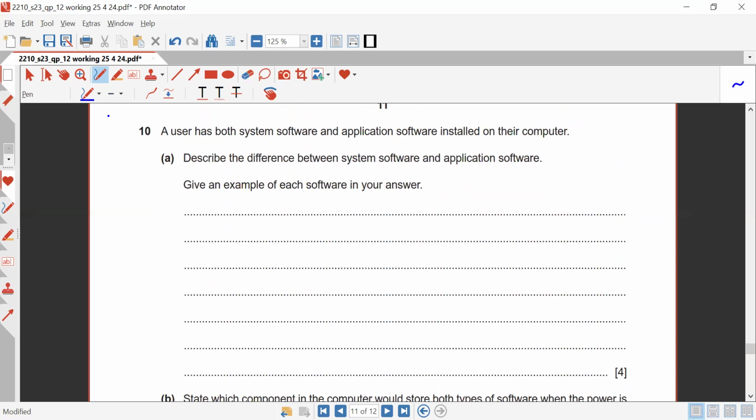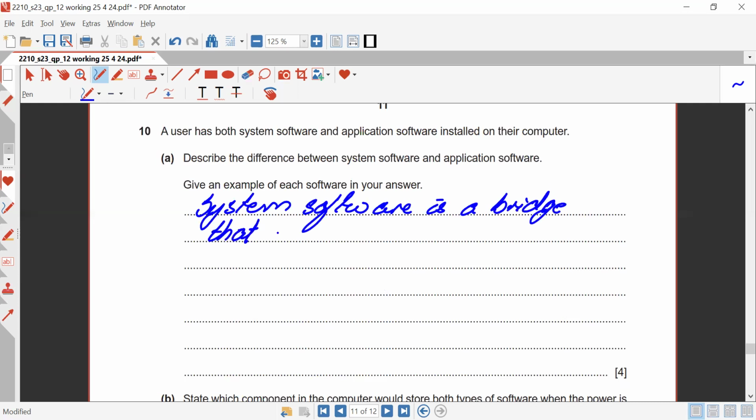System software is a bridge that connects the hardware and the application software.